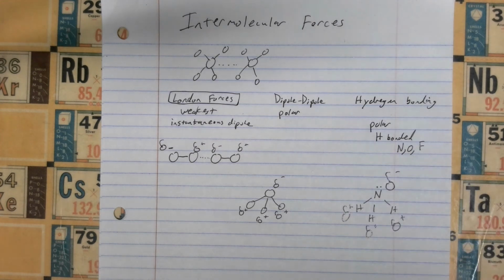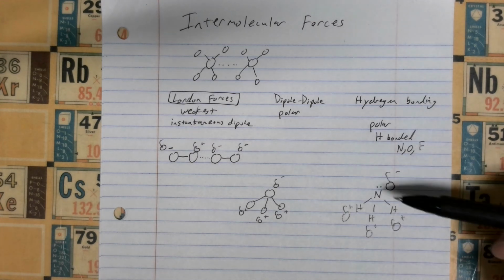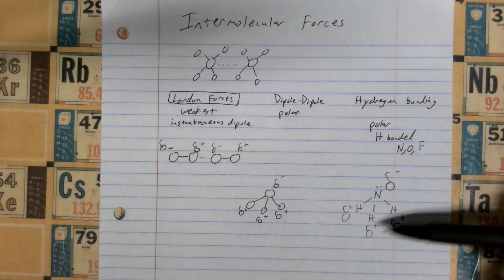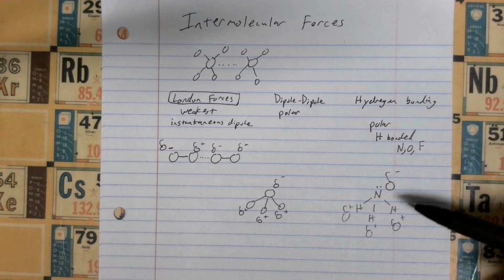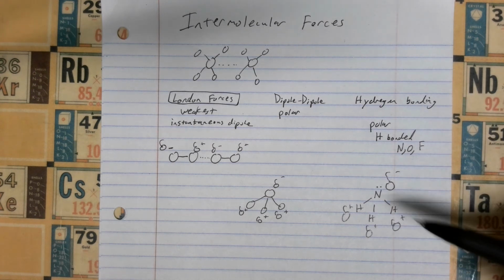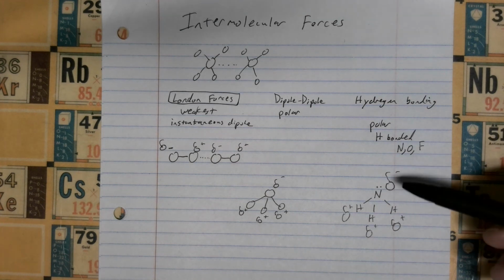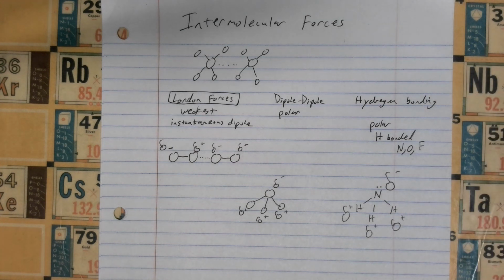So there's going to be strong attraction from one molecule of ammonia to the next. It's almost like an ionic bond, because the nitrogen, oxygen, or fluorine are pulling so hard on those electrons that they're almost taking them away from the hydrogen. That attraction that forms is considered a hydrogen bond.